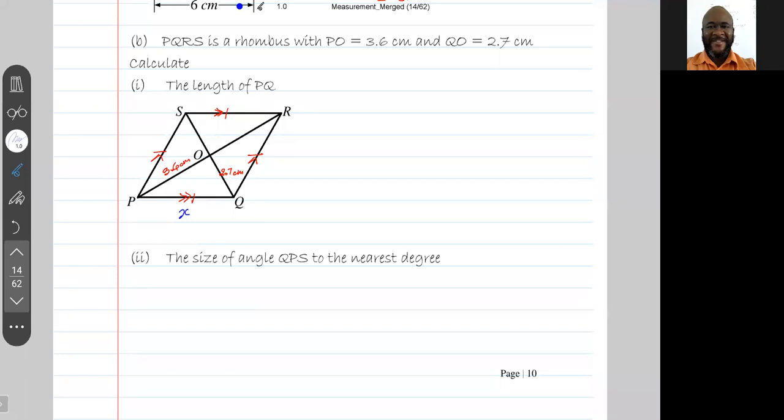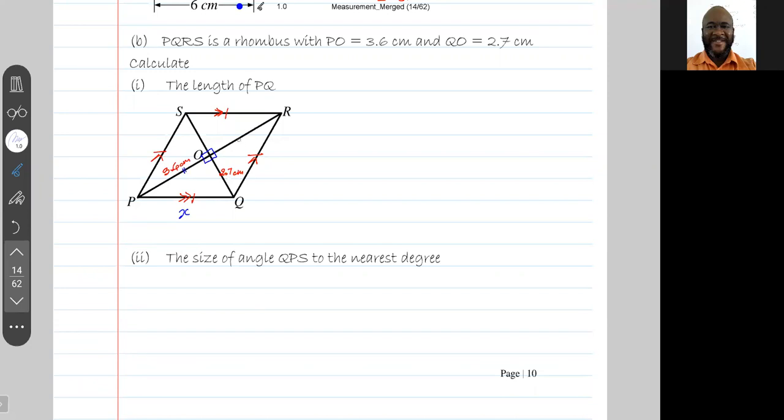So again, let's just read over B. B says PQRS is a rhombus. And so because it's a rhombus, we're able to put in all those fancy things. Opposite sides are parallel and all 4 sides are equal in length. Here's the next thing about a rhombus. The diagonals meet each other at right angles. So therefore, the diagonals bisect each other.